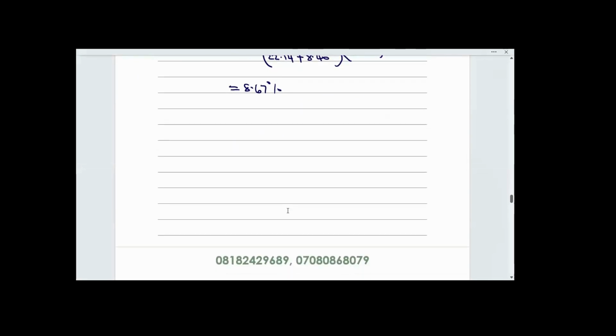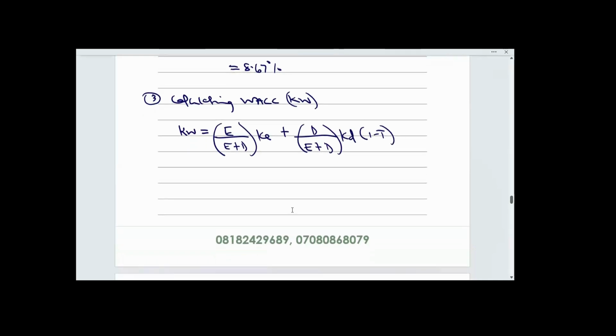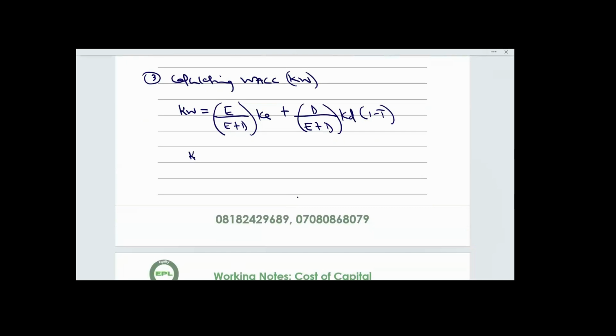So step 3 is to calculate WACC. WACC equals equity value divided by equity plus debt multiplied by cost of equity, plus debt value divided by equity plus debt multiplied by cost of debt times 1 minus tax, all multiplied by 100%.